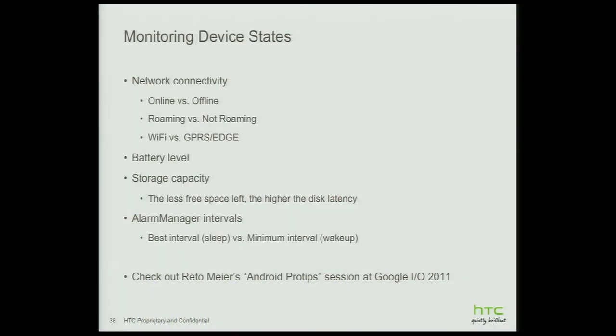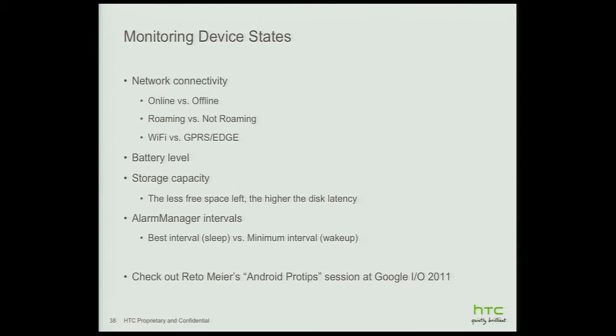So there are 3 general approaches to tackle this problem. We'll go through them one by one. The first one is to monitor your device states and act accordingly. For example, if you're on a GPRS connection, or if you're running out of battery, or if you have very limited free space left, it would make sense to not do a background sync at this time.